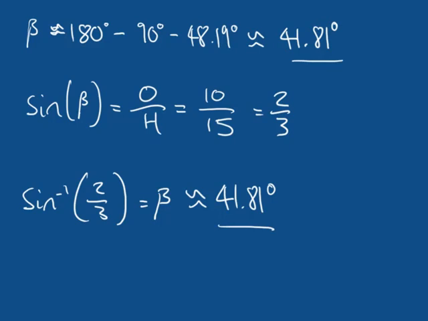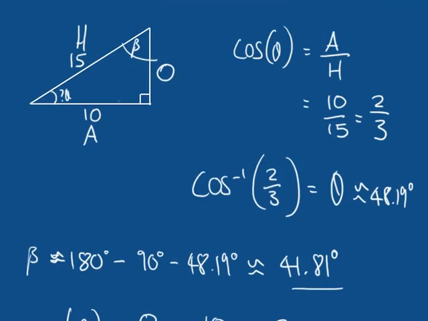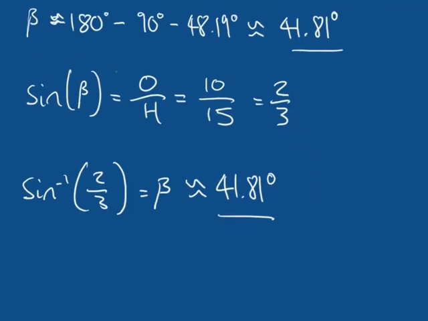Again, if we're trying to find an angle in a triangle, we take the edges that we know, we work out the relationship of those edges to the angle that we're trying to find. We find the trigonometric ratio that defines that relationship. In this case, we're dealing with beta, so we're dealing with sine of beta is equal to the opposite over the hypotenuse. We calculate that ratio using the values that we know, the lengths of the edges.